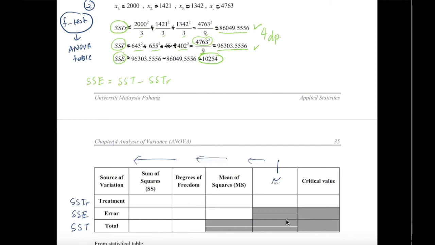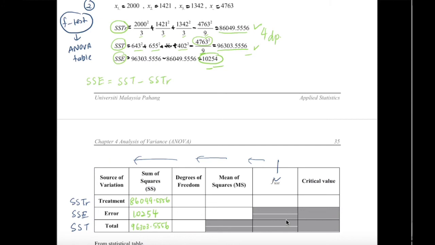SSTR is 86049.5556, SS total is 96303.5556, and SSE is 10254.